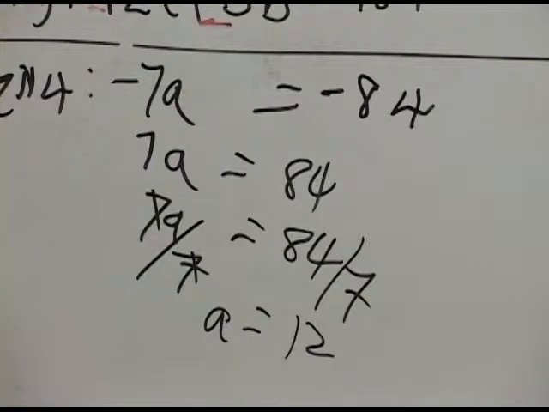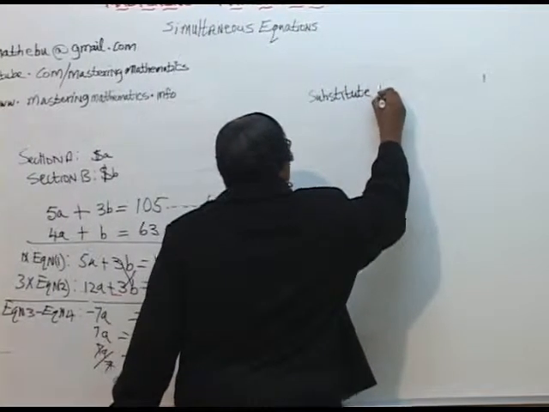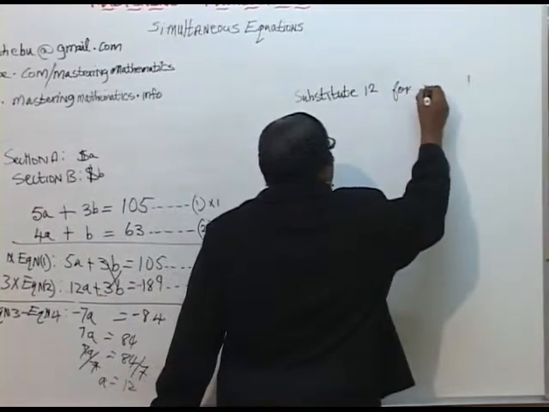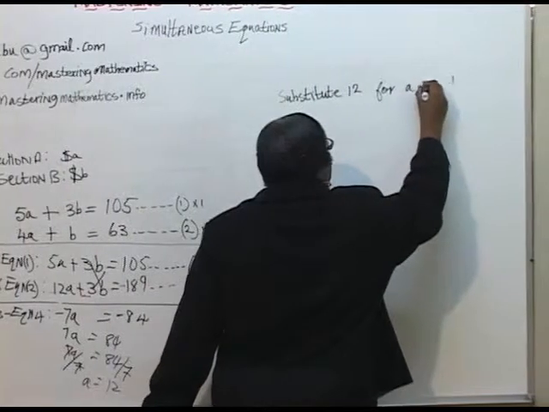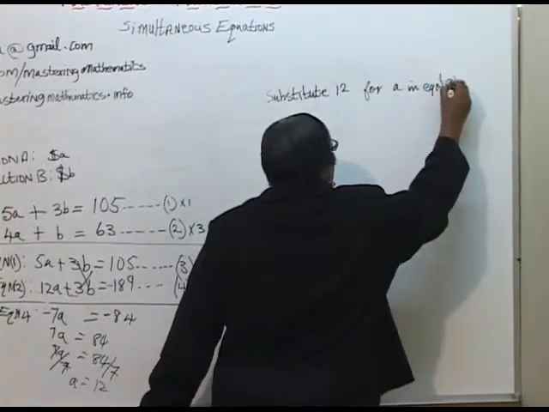So we're going to use equation 2. Using our equation 2, we substitute 12 for A in equation 2.